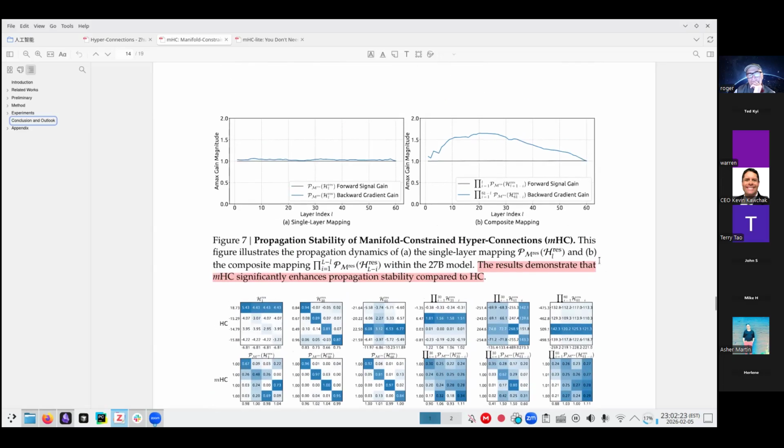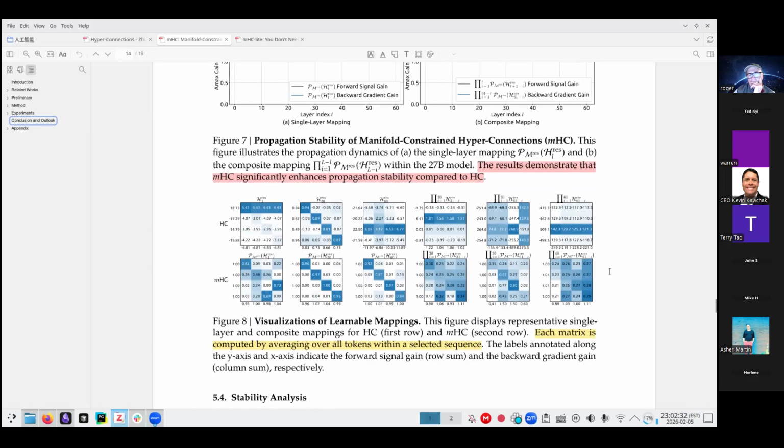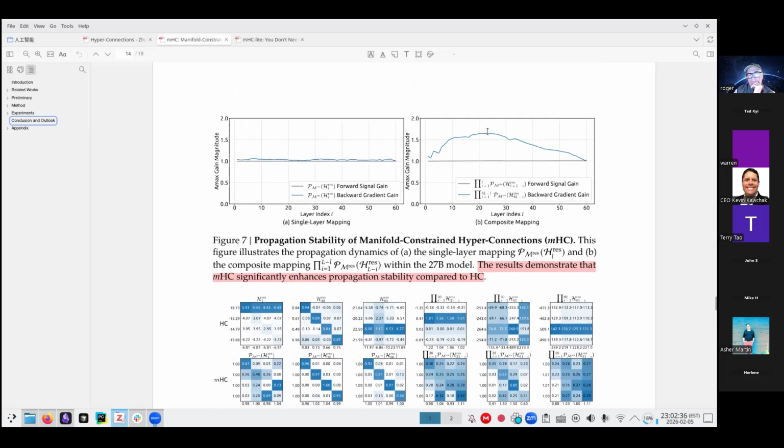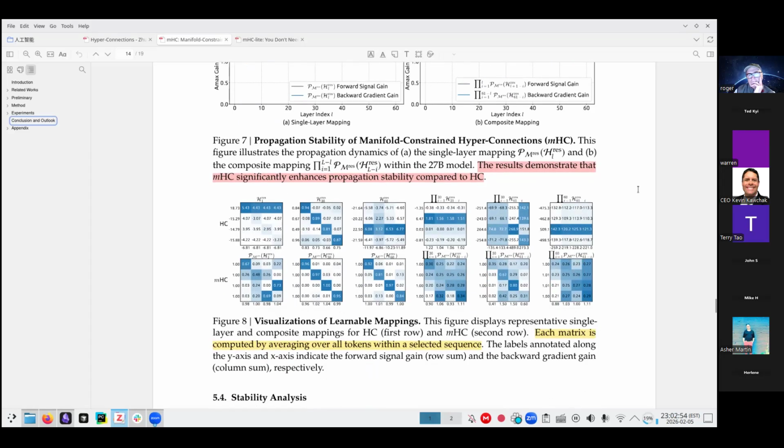I think they did row sums or column sums, so it's not exactly the L2 norm. But what they are showing is that the signal gain is close to one, meaning it's quite stable.